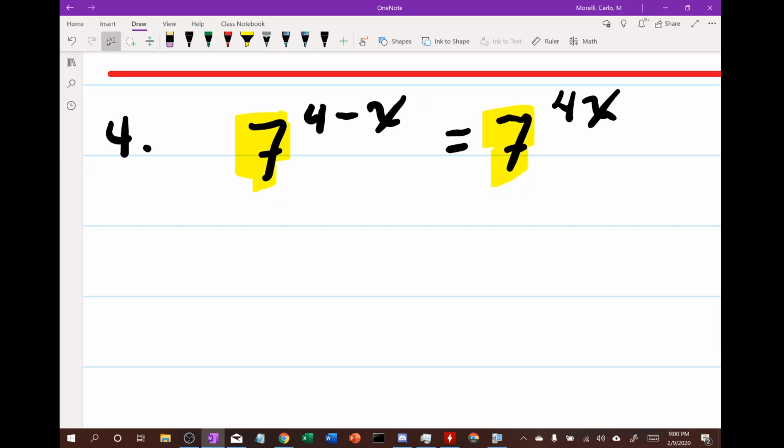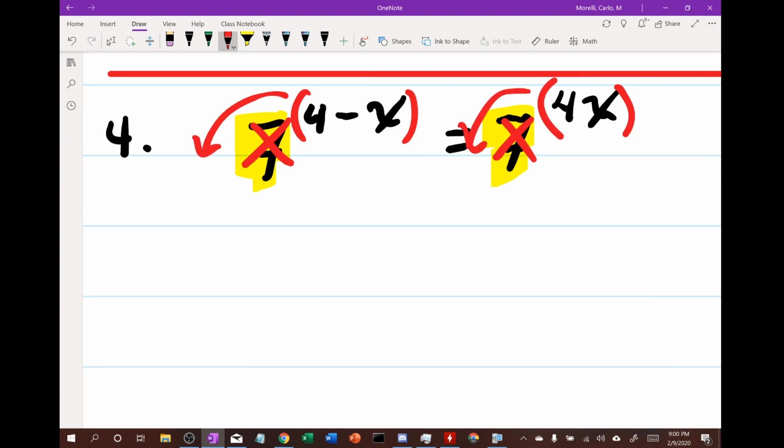So when the bases are the same, they just cancel out and we bring down the exponents like this. So what we have is 4 minus x equals 4x.